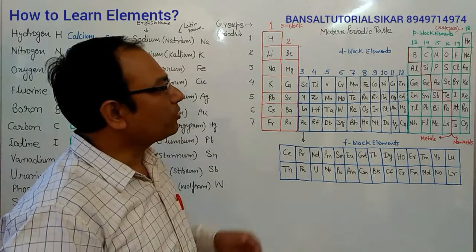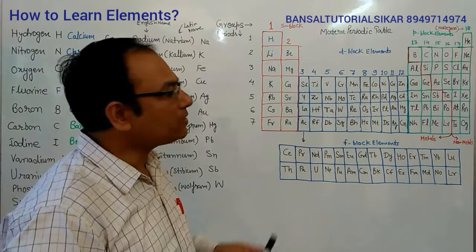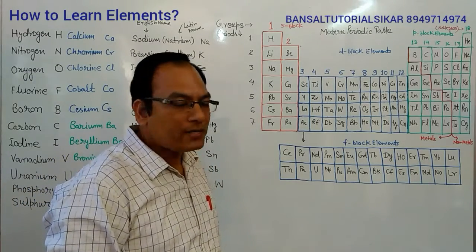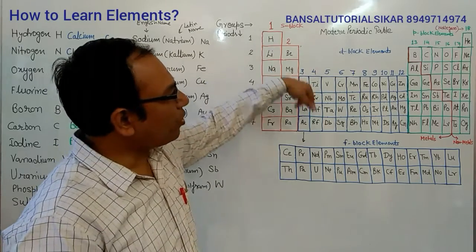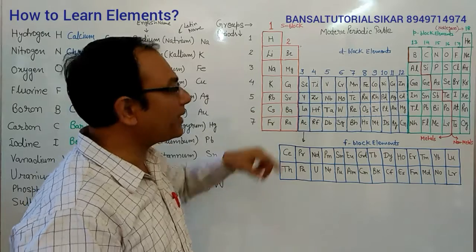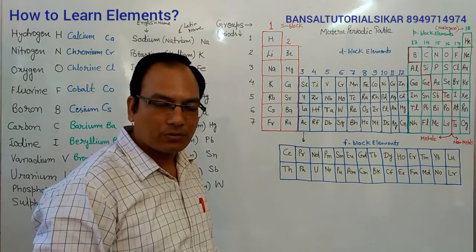This arrangement of elements is known as the modern periodic table. The 18 vertical columns are known as groups and the 7 horizontal rows are known as periods.